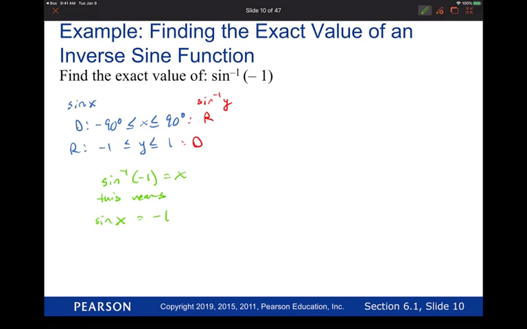Okay. So yeah, now, on a unit circle, the y value is negative 1 at 270 degrees, but we see the restriction, our domain, the x has to be between negative 90 and 90. So 270 is the same as, what did you say earlier? You said it earlier. Yes, you did. Negative 90, right? So 270 degrees is the same as negative 90 degrees.